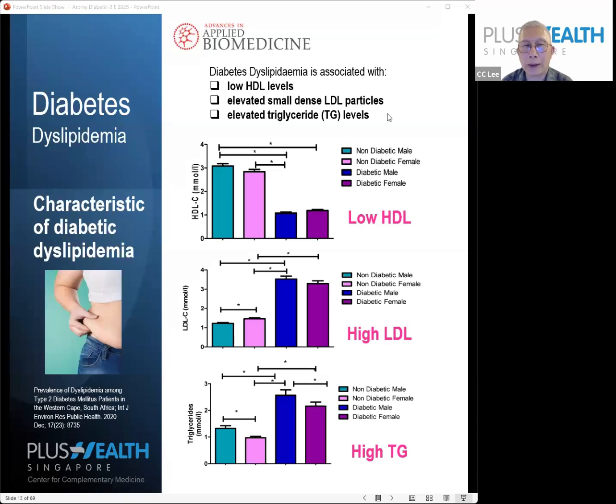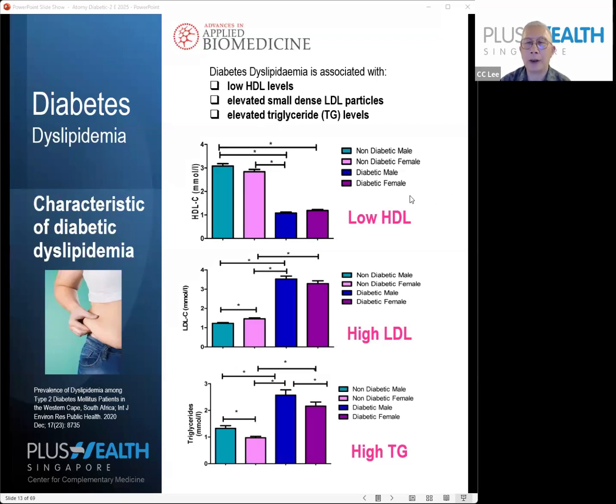Now, if you look at the diabetic patient's lipid disorder characteristic, diabetic patients suffer one of the most complicated forms of lipid disorder. All three classes of lipid disorder, the diabetic patient suffers from all three.